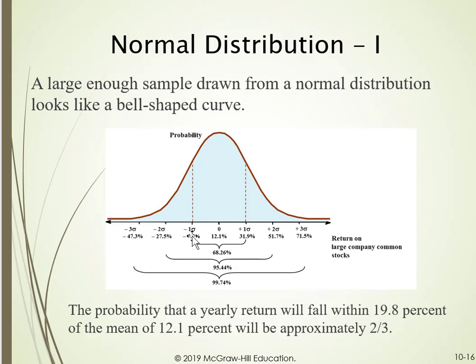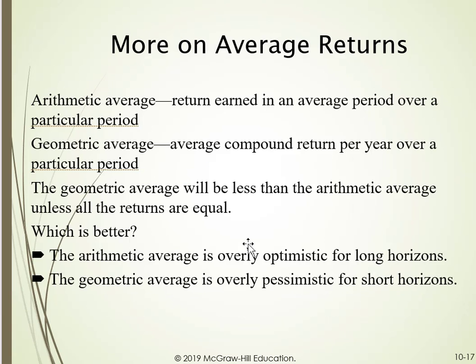So there is a 68.26% chance that the rate of return on this investment will be somewhere between -7.7 and 31.9. That's a pretty big range of numbers. So again, the idea here is that the normal curve measures dispersion. The greater the dispersion, the greater the risk.